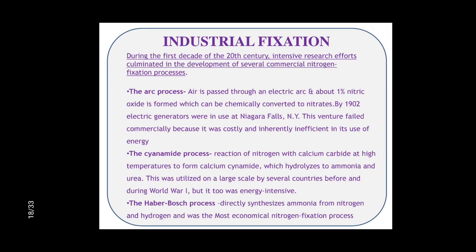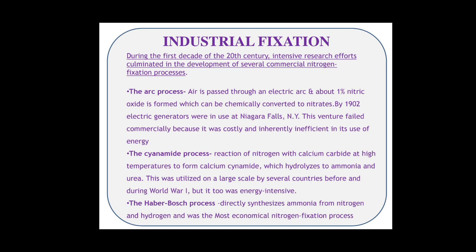Now industrial fixation. During the first decade of the 20th century, intensive research efforts culminated in the development of several chemical nitrogen fixation processes. The first, the arc process: air is passed through an electric arc.